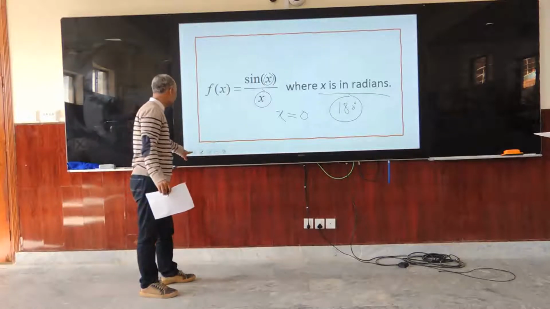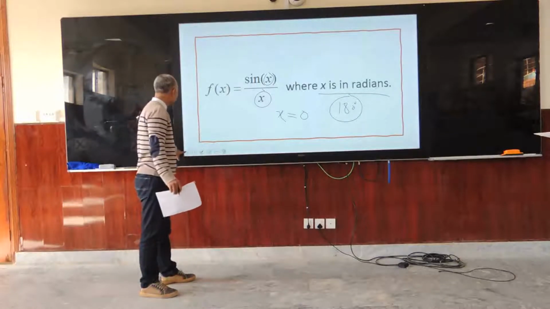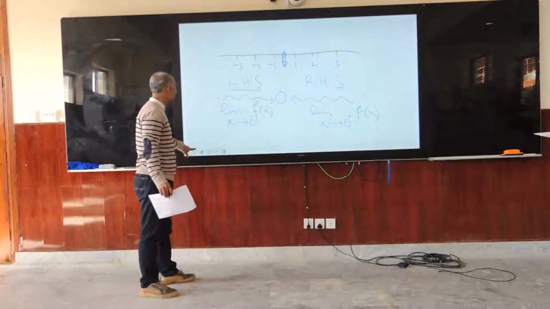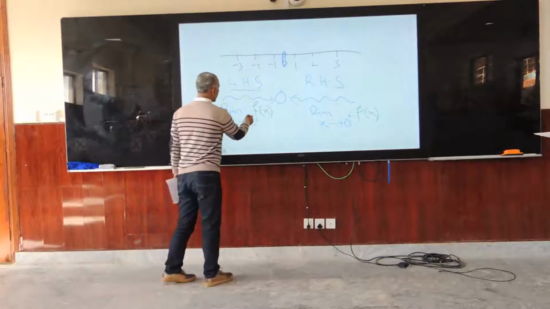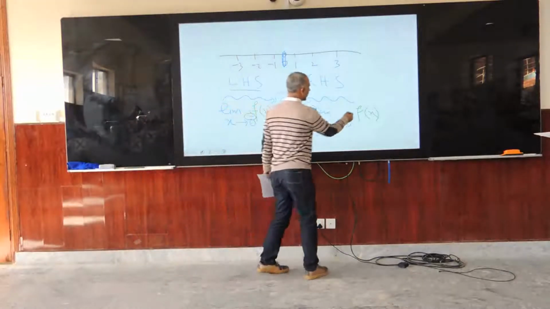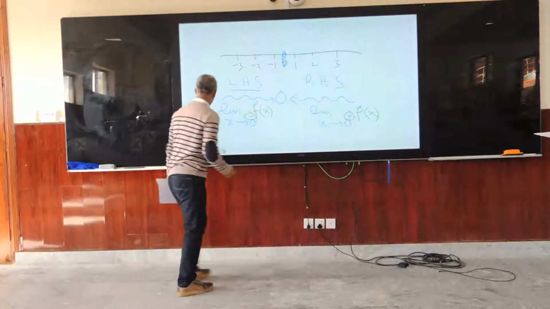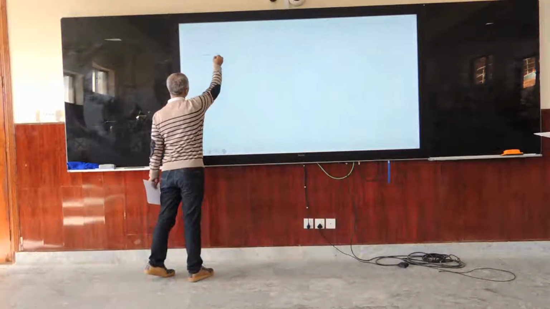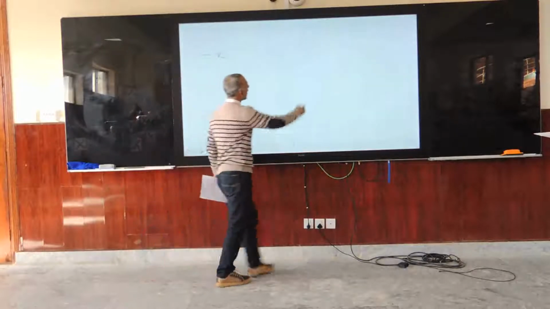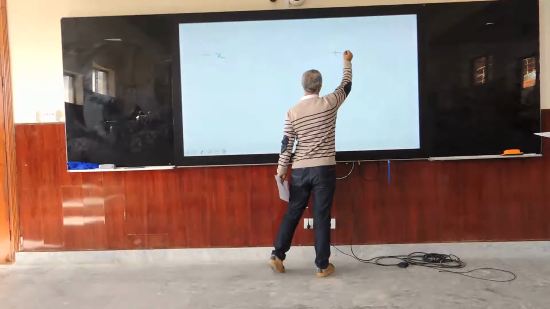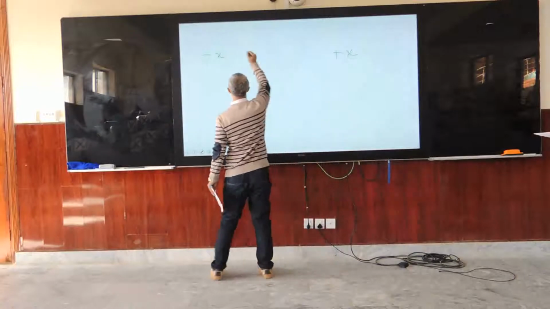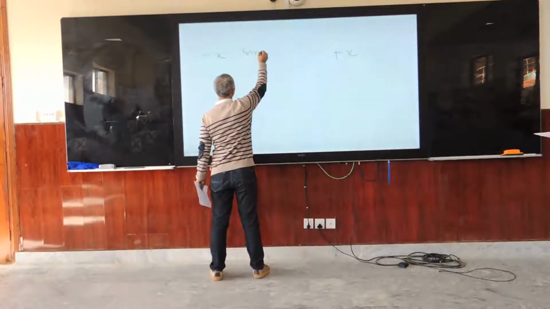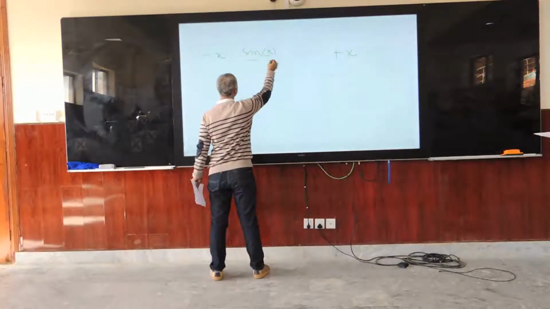So we substitute random values on the negative side as well as on the positive side. We need to consider two values of x, one negative and the other positive. Our f of x is this one.